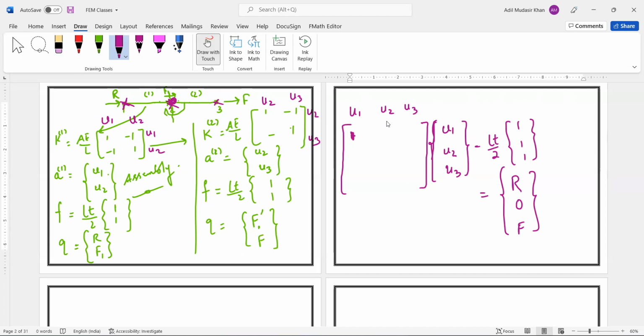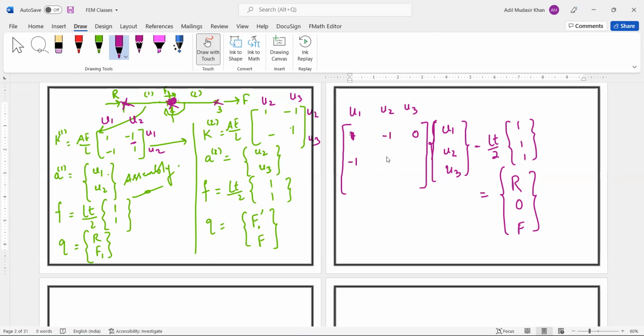The second element is U2, U1. So you have U2, U1 here. So it's -1, we'll write -1. Then you have U3, U1. So for U3, U1 there is no element over here, so we'll put a 0 over here. Now we have U1, U2. This is U1 and this is U2, that is -1, so we'll put a -1 here.